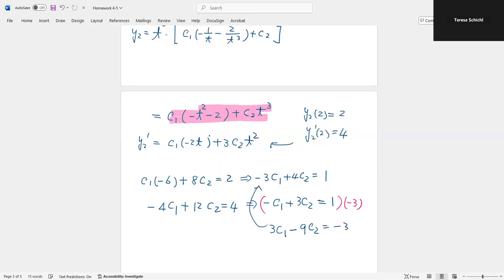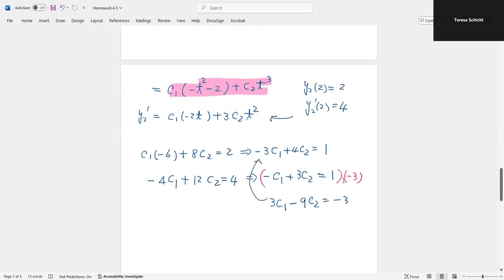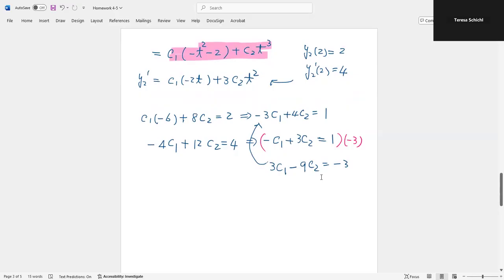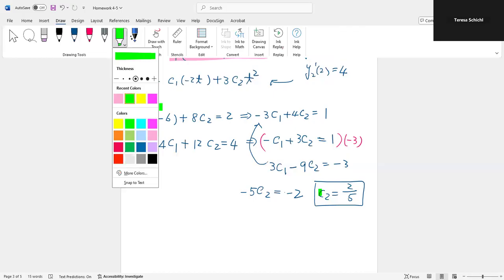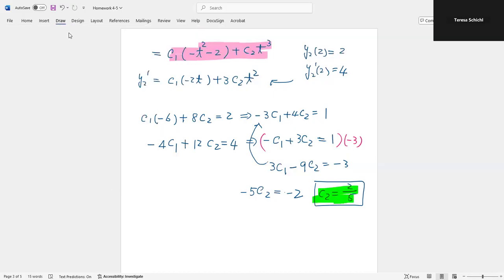Now I add this to the other equation, so I will get negative 5C2 is equal to negative 2. So C2 is equal to 2 over 5. Highlight it because we're going to use it later. So highlight C2.